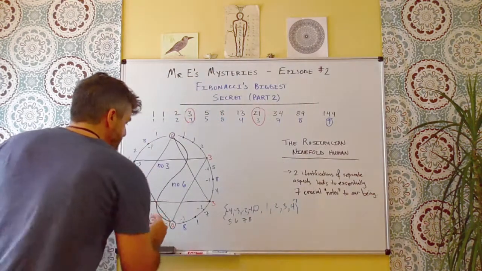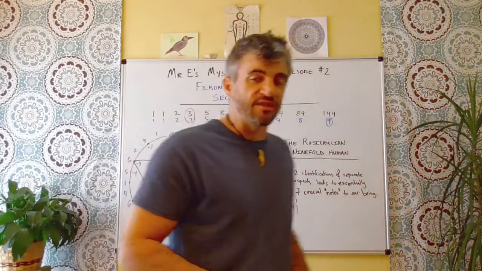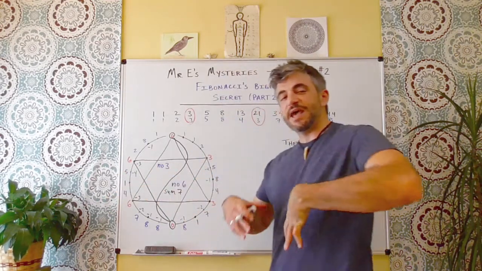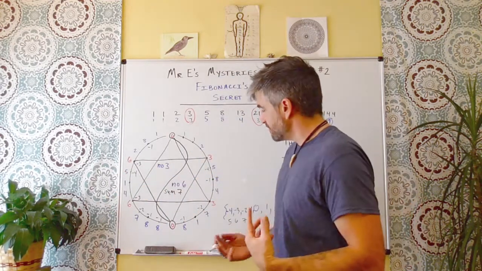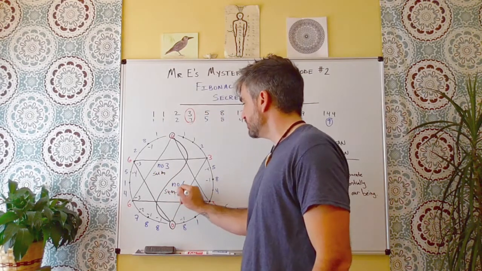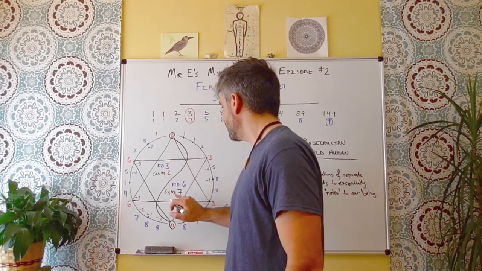So we see that the sum is 7, which is negative 2 in the first half. Now, I know that the second half is exactly the negatives of my first half, so I can go ahead and assume that the sum is going to be 2, since that is the negative of 7, Mod 9.